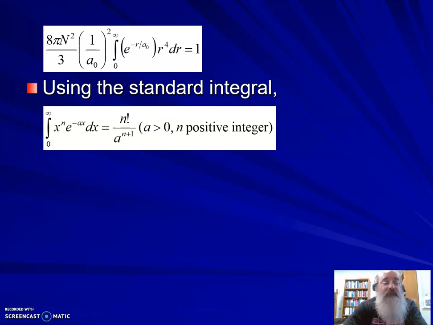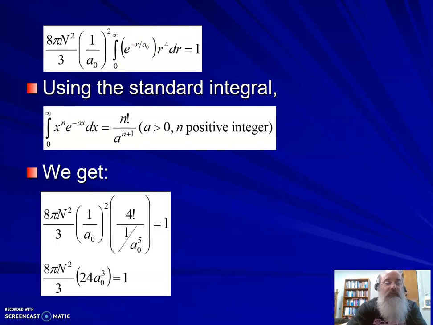Now in this case n is 4, so we put 4 factorial on the top. And a is 1 over what we're calling a0, 1 over the Bohr radius. So this becomes just this. 4 factorial is 4 times 3 times 2 times 1, so that's 24. n is 4, so we have 1 over a0 to the 5th. But we have a 1 over a0 squared here as well.